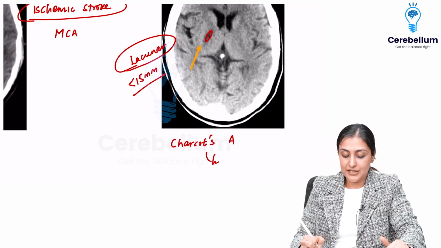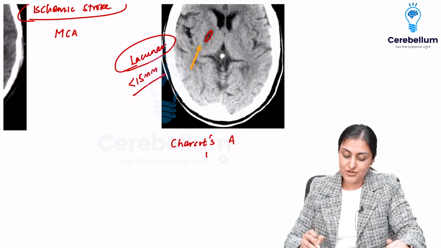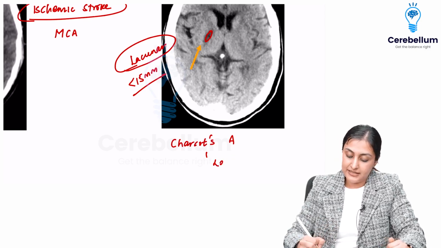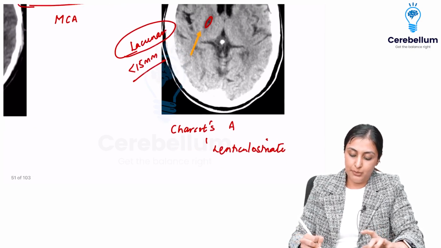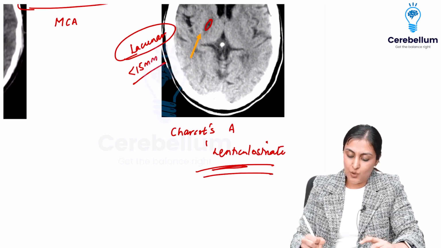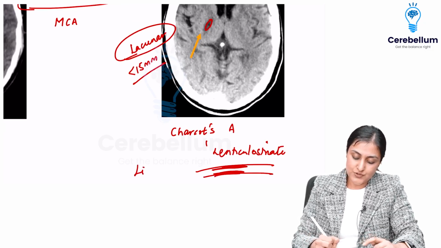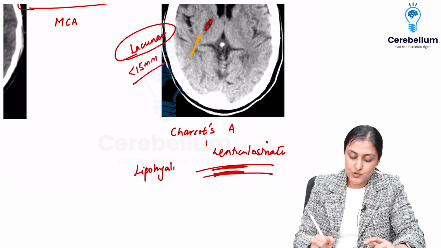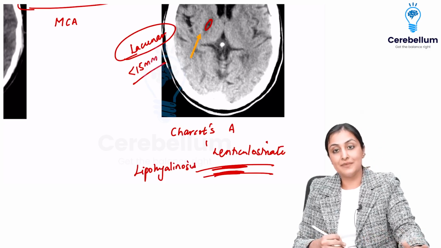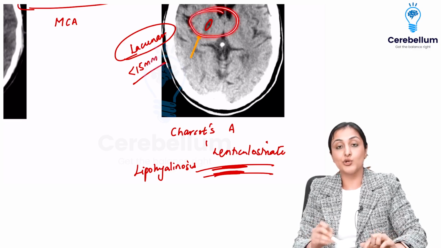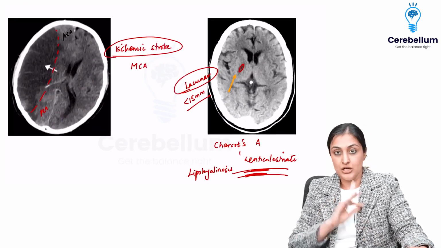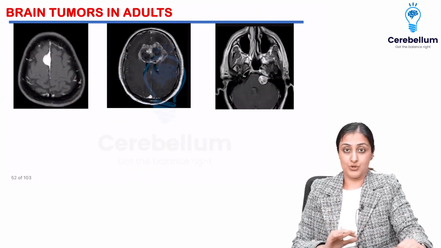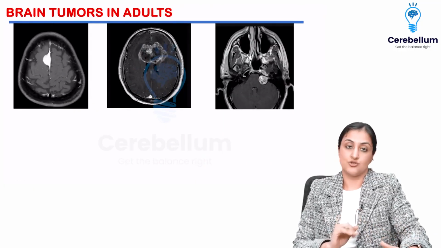Your lenticulostriate branches of the MCA, now instead of bleeding, what they're going to do is get blocked. That is what is called lipohyalinosis. These arteries become narrow and they develop the small volume stroke of the basal ganglia called lacunar stroke. So this is what we need to know about these images related to stroke.